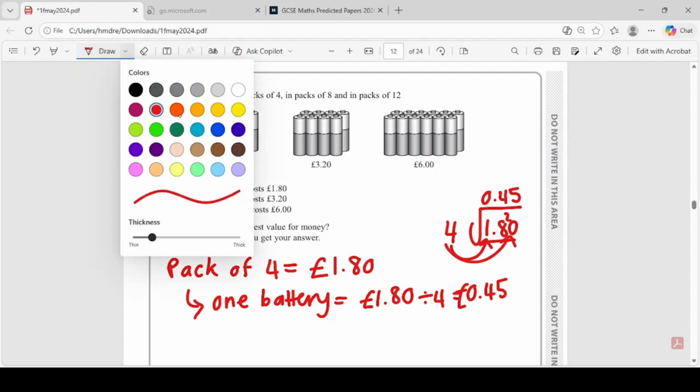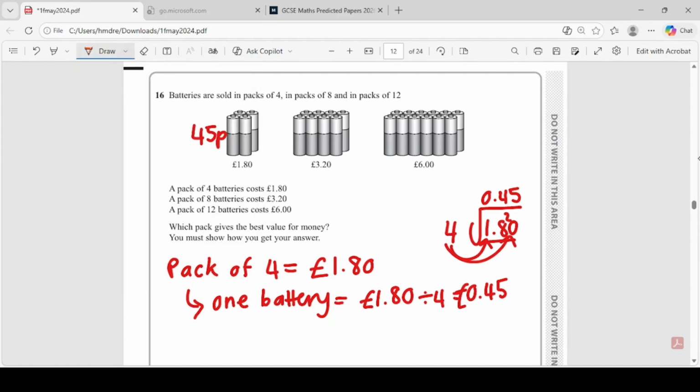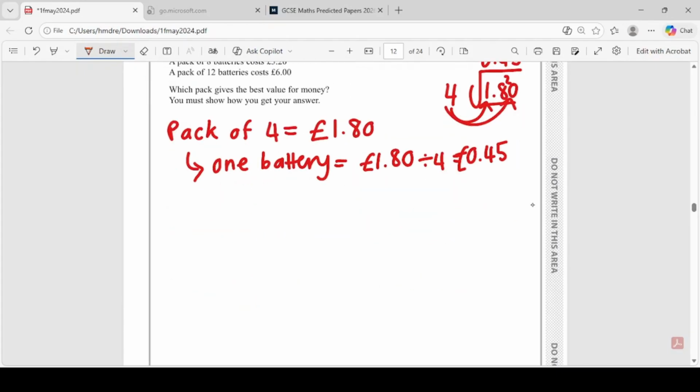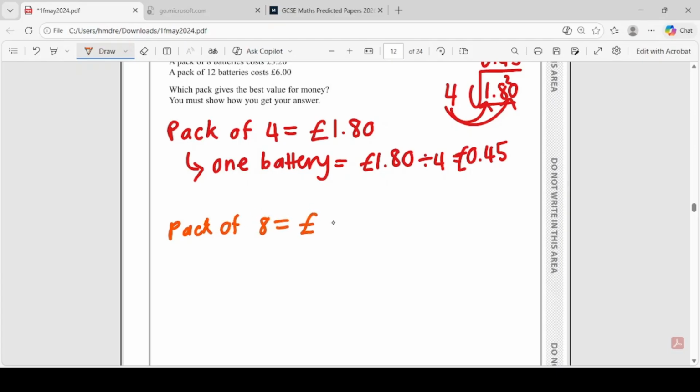And then let's look at the next one. We're going to look at the pack of 8. So the pack of 8 costs £3.20. We want to work out how much does one battery cost in that pack. So it's going to be £3.20 divided by 8, because there's 8 in this pack.